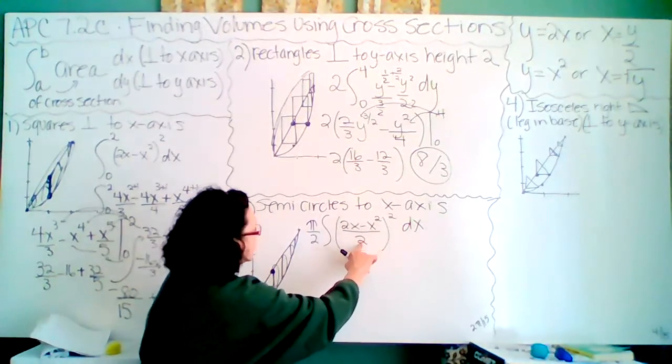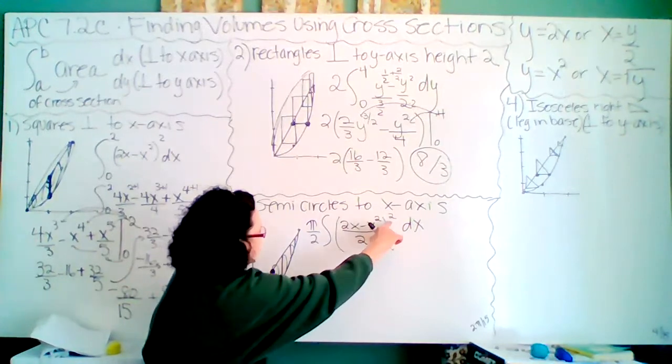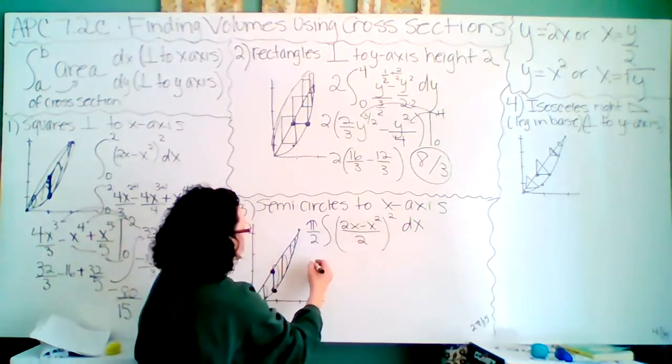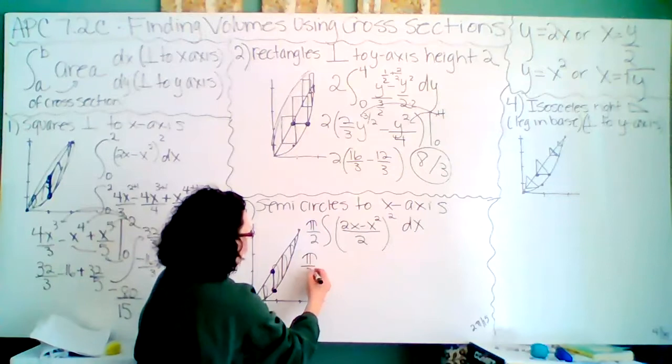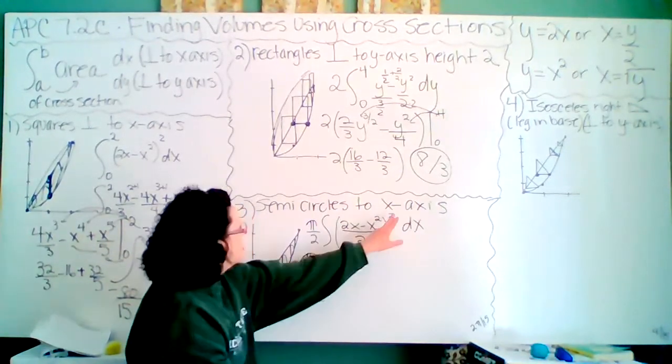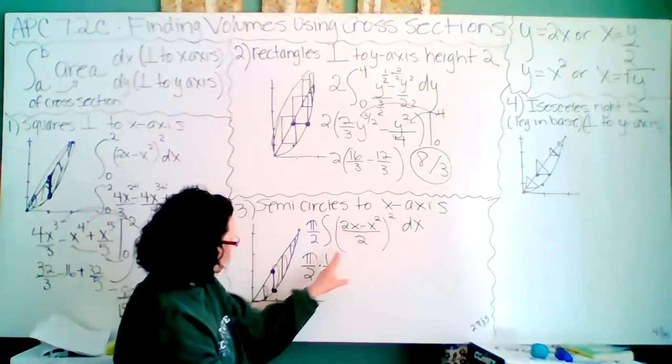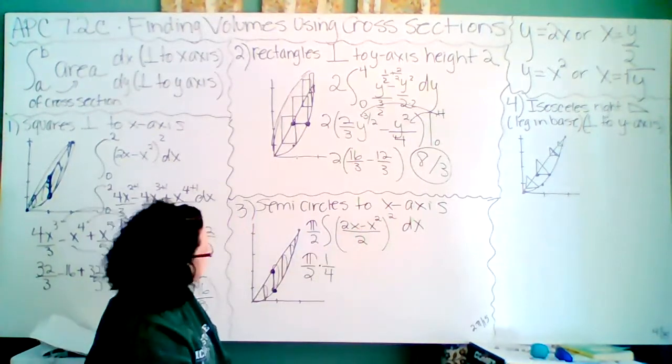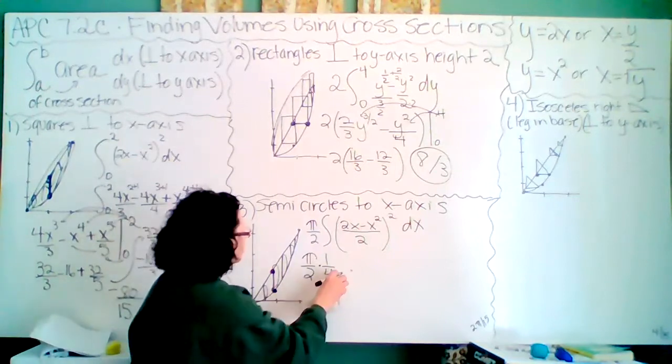Now stick with me here for a minute. In the denominator, this is 2 squared, that's a 4. So here's my pi over 2 on the outside, and I'm going to call this 1/4 in the denominator. So I have pi over 8.